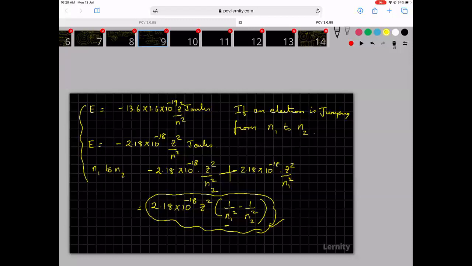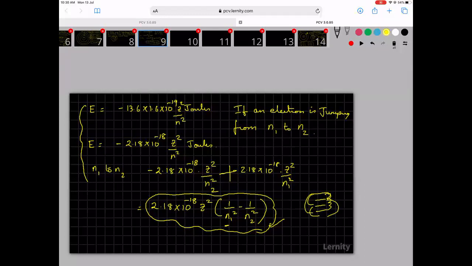The electron can jump from 1 to 2, from 2 to 3, from 3 to 2, or from 1 to 3 directly without going to 2. It is just like climbing stairs. When you are going downstairs, you can come down 1 stair, 2 stairs, or 3 stairs. All these are possible.